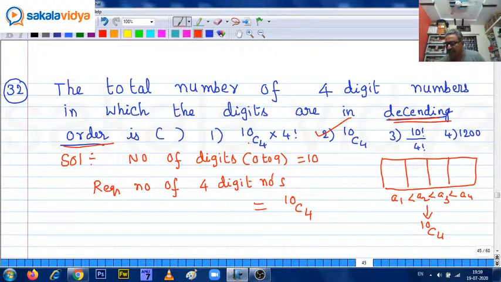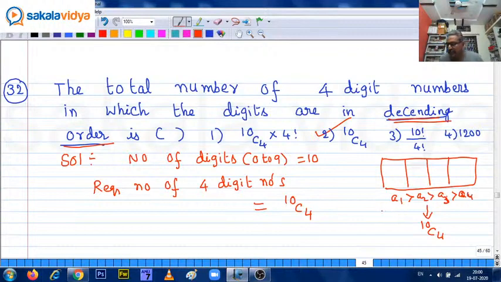All of you understood? What is the order? Reverse order. Yes, exactly correct. So that means here A1 should be greater than A2, A2 should be greater than A3, A3 should be greater than A4.